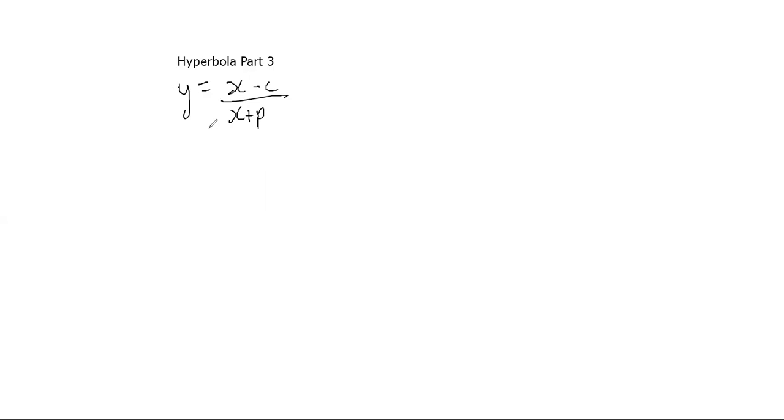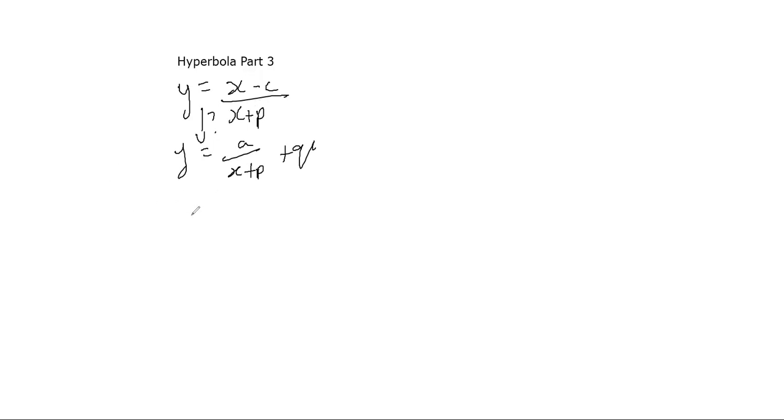So the idea here is you want to know your asymptotes, you want to know the value of a, and you really want it in the normal form: a over x plus p, plus q. So the question that we are answering is, how do you get there?